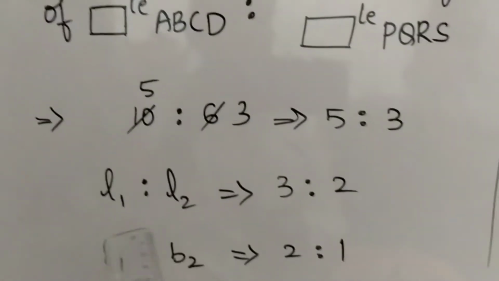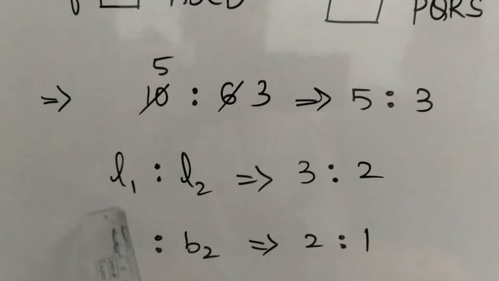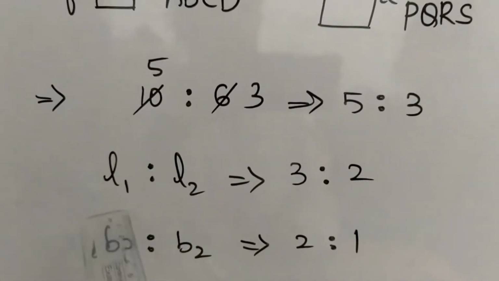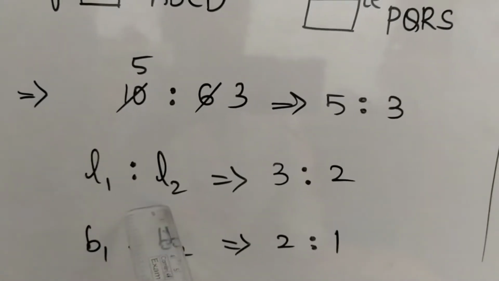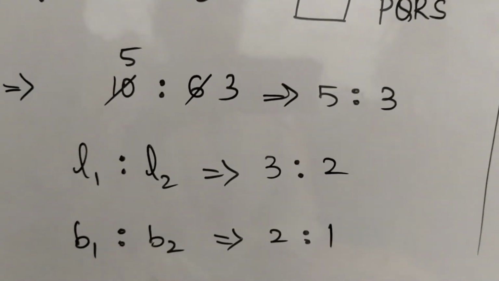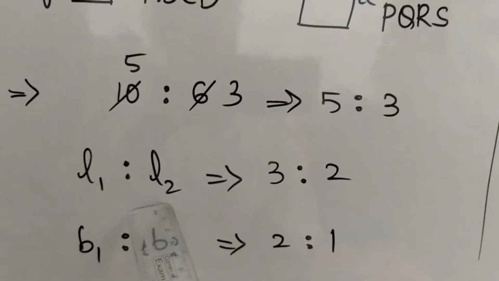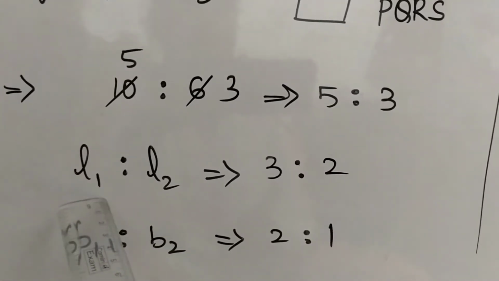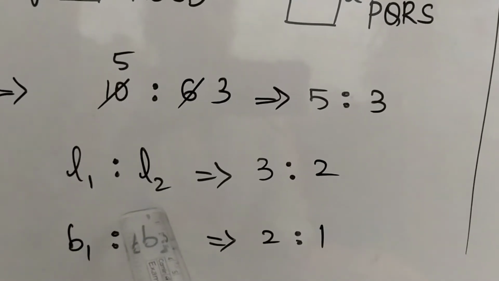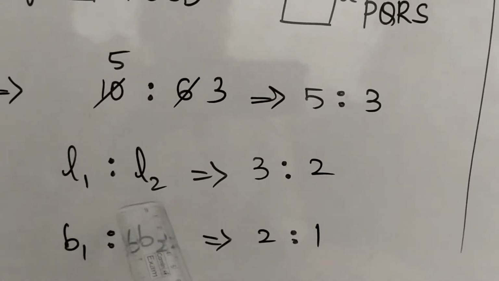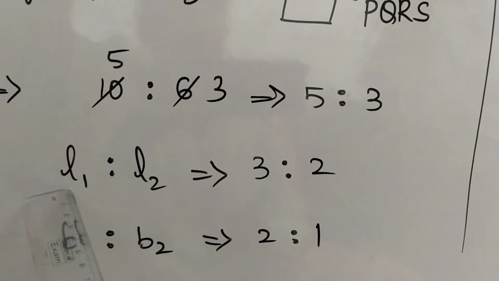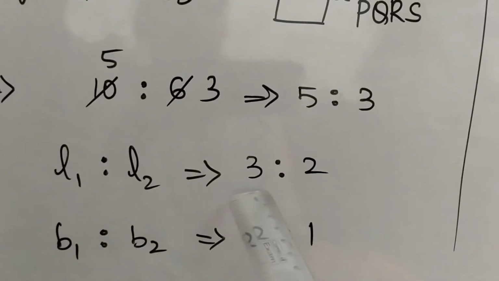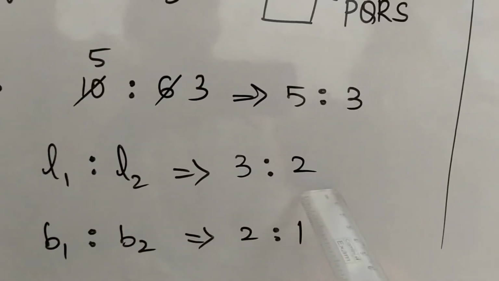Next we have to compare the sides also. That's why I am comparing length and breadth. That is L1 is to L2 equals 3 is to 2. Length of rectangle ABCD to length of rectangle PQRS gives 3 is to 2.